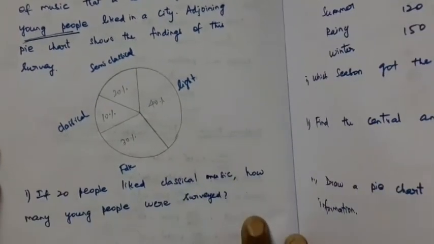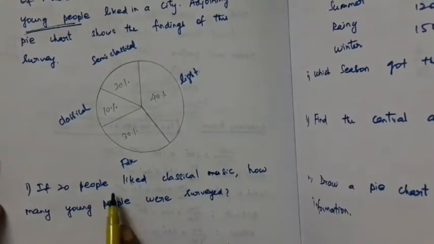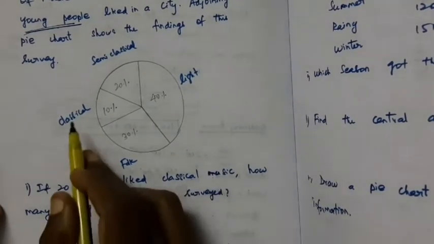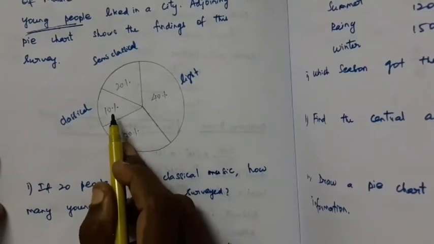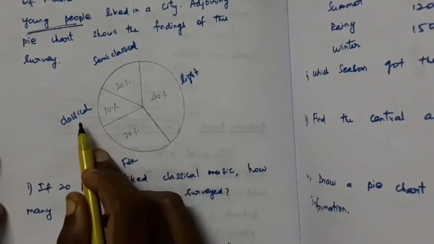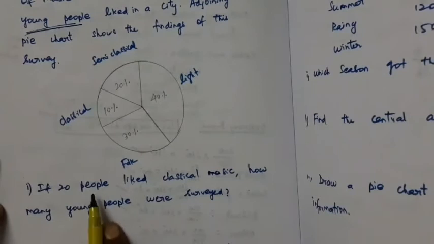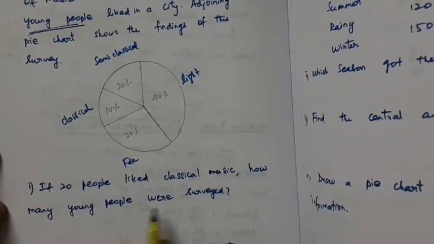Now the question is: if 20 people like classical music, so the percentage is 10% of the young people who like classical music, the number is 20 people. How many young people were surveyed?